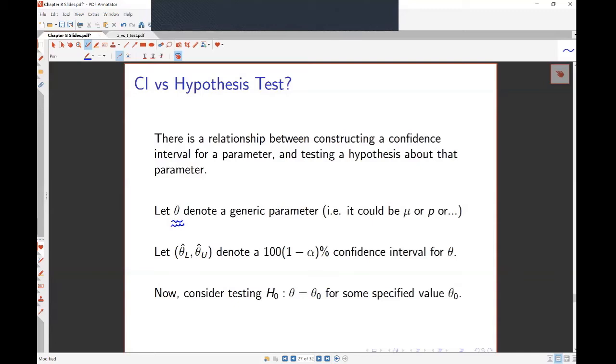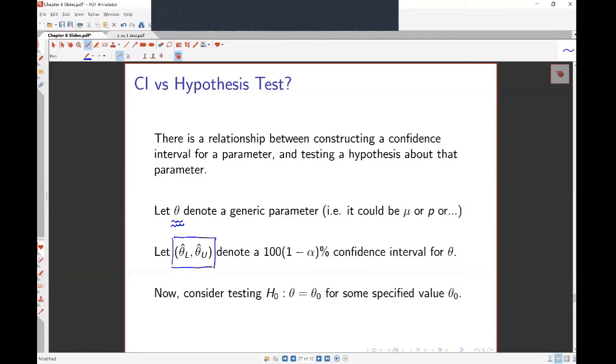Now, if we have the ability to construct a confidence interval for this quantity, let's say we construct a confidence interval that ranges from theta hat L as the lower bound to theta hat U as the upper bound of the confidence interval.